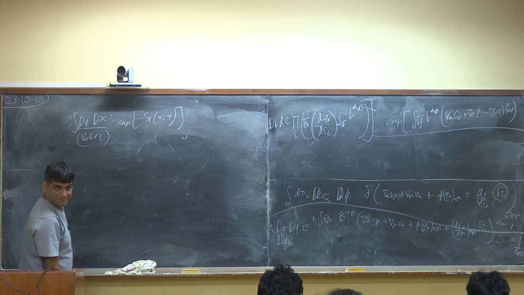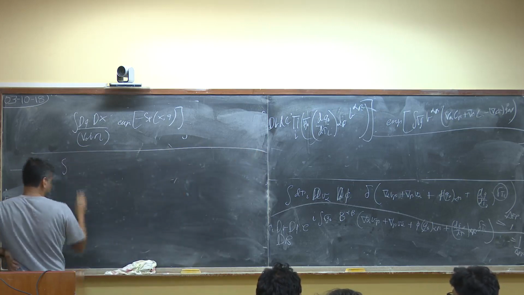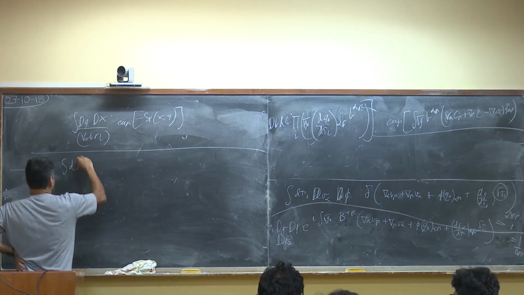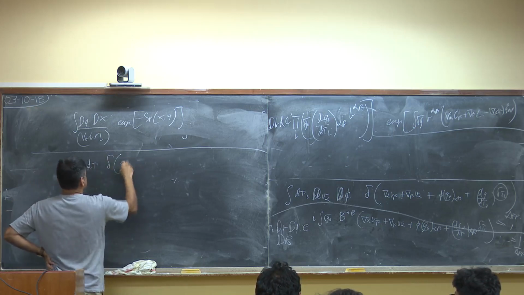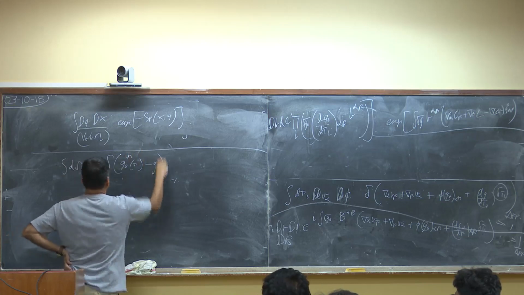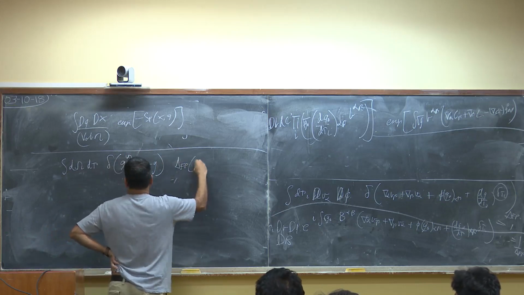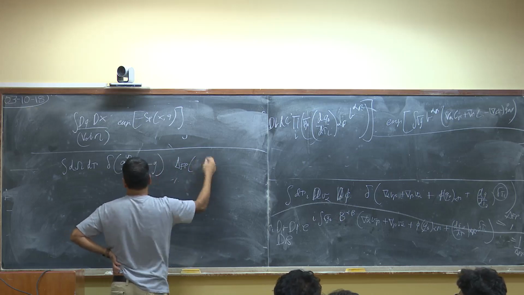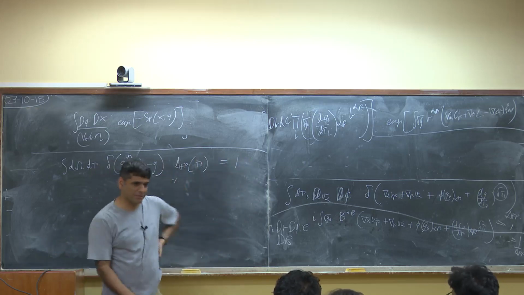This is what we wanted to compute. Then we had this beautiful identity, which was the integral over d omega d tau of delta of g naught of tau omega minus g times delta FP of g, which will be equal to 1.